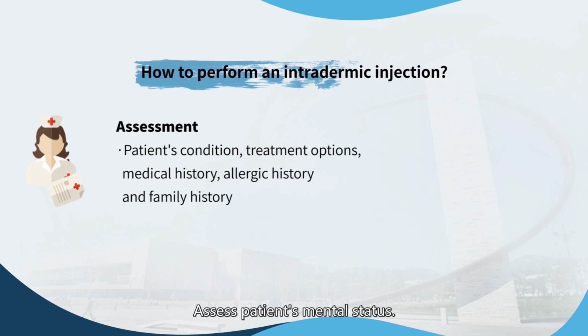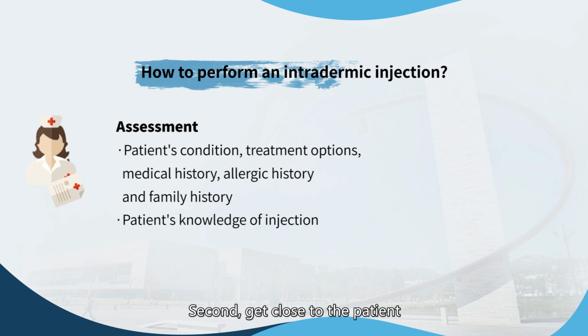Assess the patient's mental status. Second, get close to the patient and understand his or her knowledge base and learning needs about medication. We should provide detailed information about injection routes, specific drug actions, and precautions.